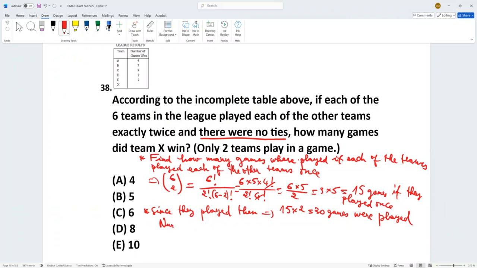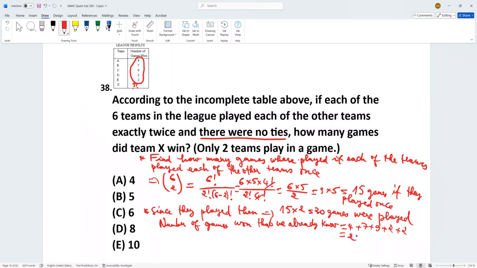So the number of games won that we already know is equal to, from the table, 4 plus 7 plus 9 plus 2 plus 2.